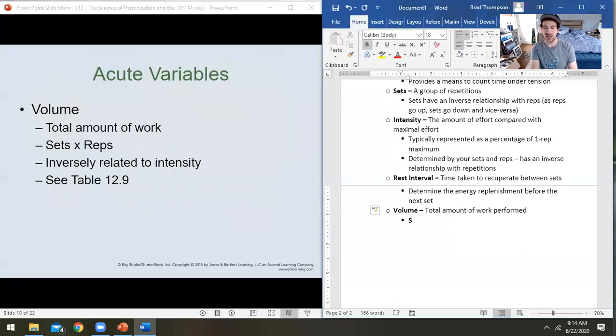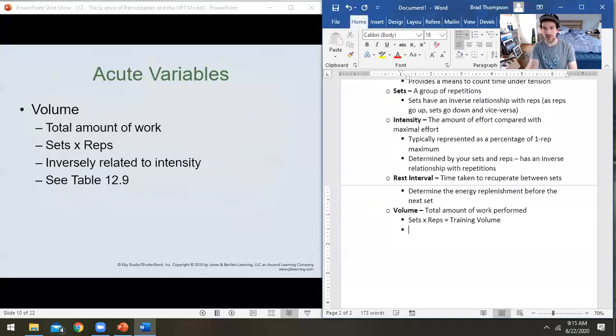So it is your sets times reps equals volume. Obviously we want to have enough training volume to see growth, right? But we want to make sure that we don't have too much training volume with high intensity because that could result in an injury, right?